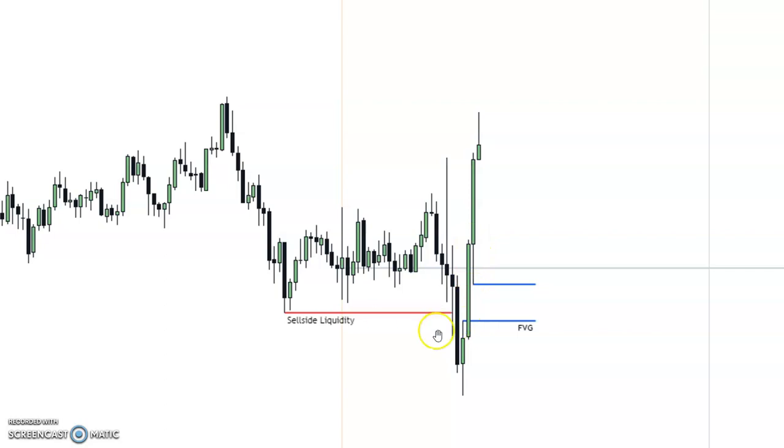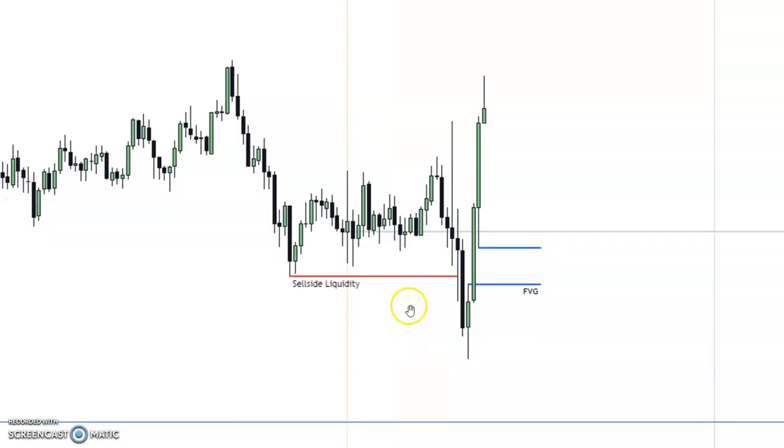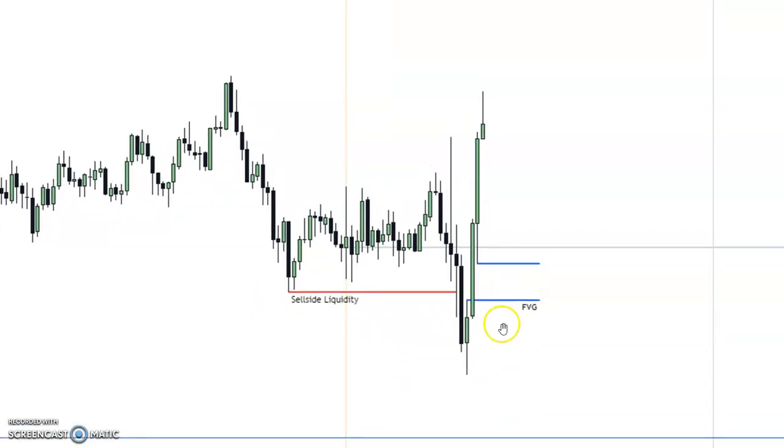In this instance we took out a low prior to 8:30, right here, the sell side liquidity, and when price traded higher it created a fair value gap, and it also took out a high.